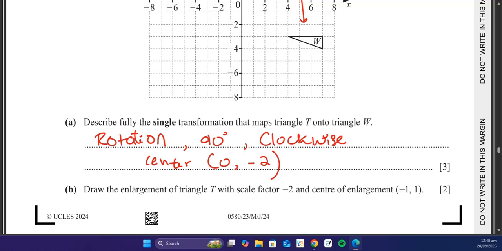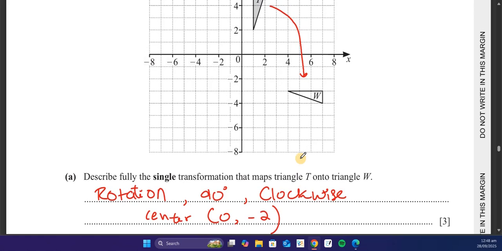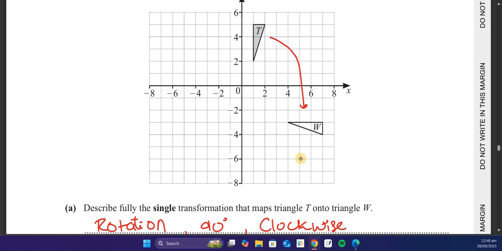All right, make sense? Is this correct? Okay, so (0, minus 2). All right, so 1, 2.